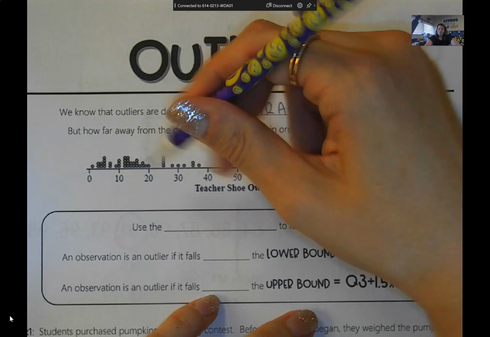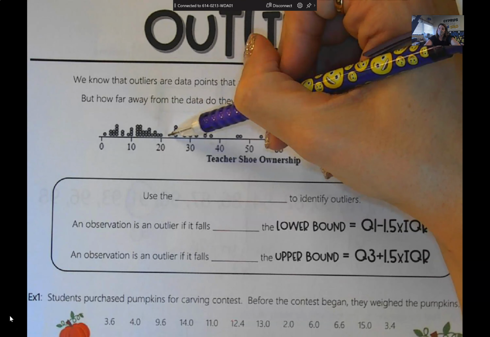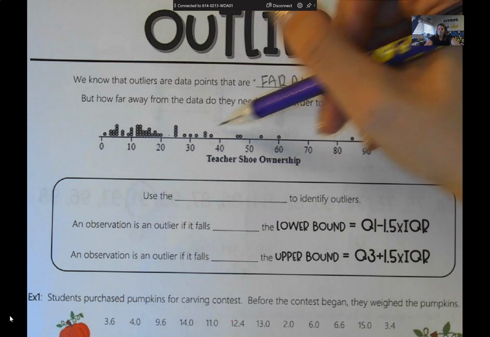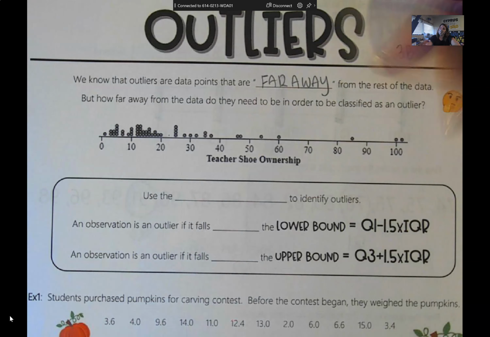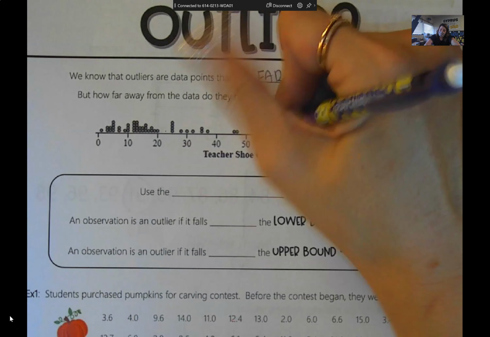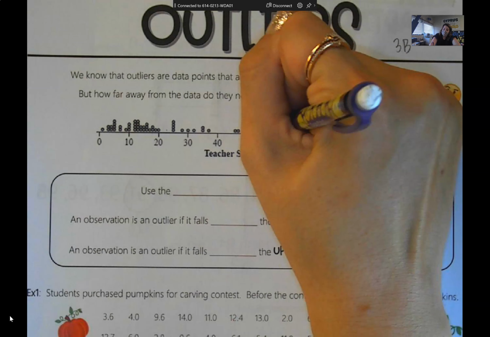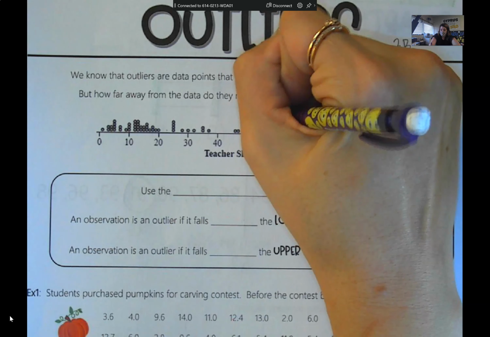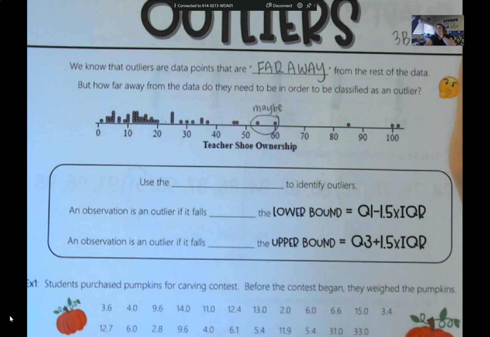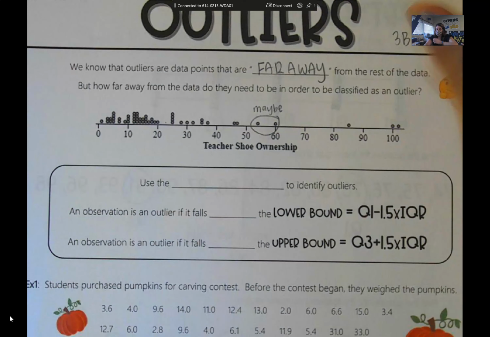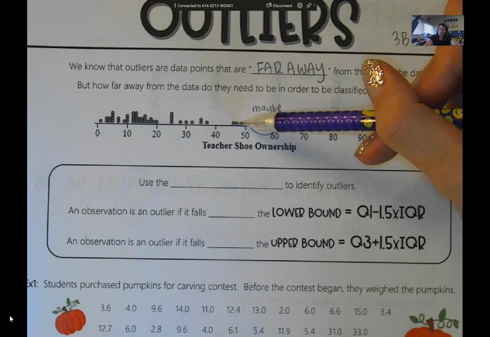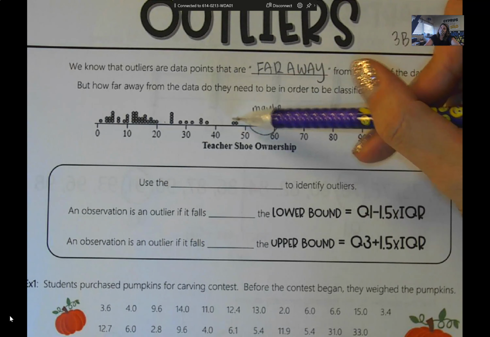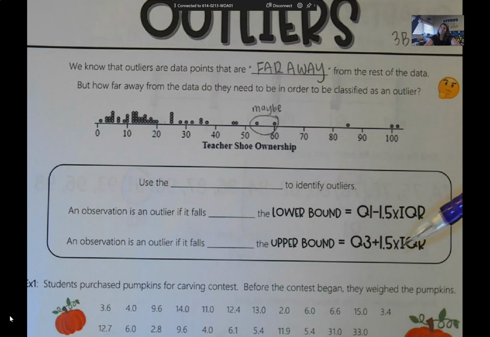We can see here that most of the teachers owned between 0 and 20 shoes, and then past 20, it spreads out a lot more. Just looking at it, I feel like these two might be outliers. They're not that far away from the 48 and 47, or 47 and 46, whatever these are.